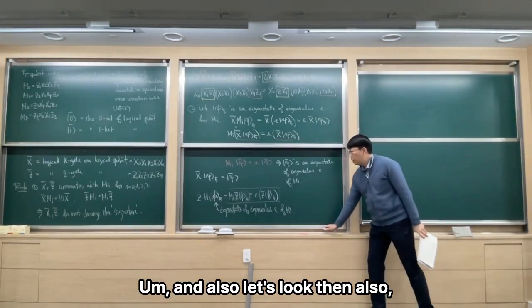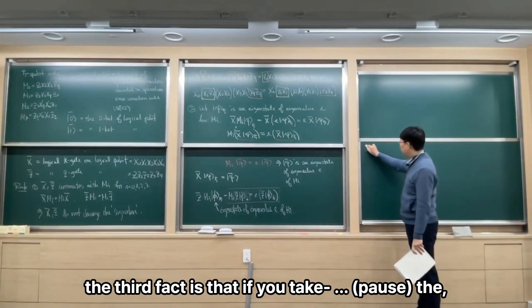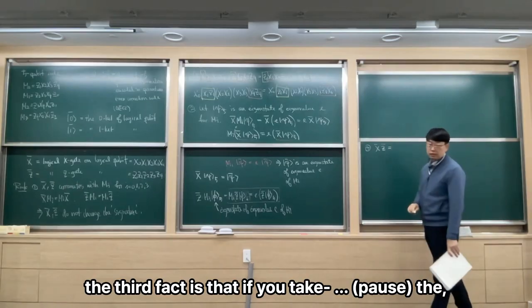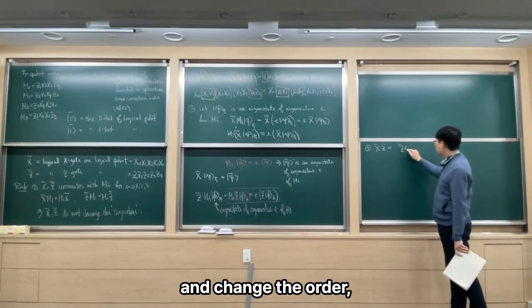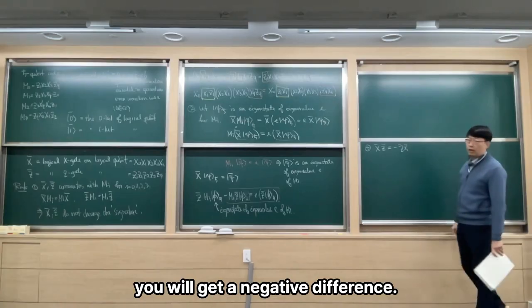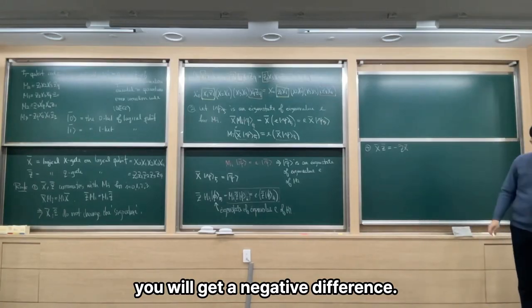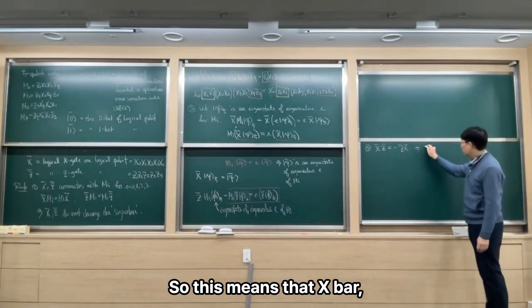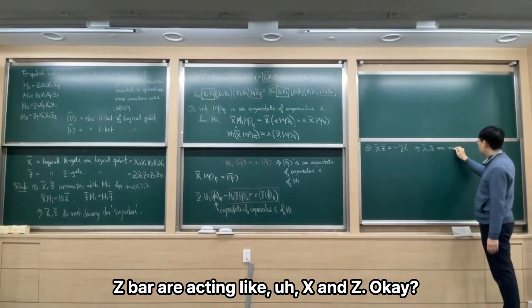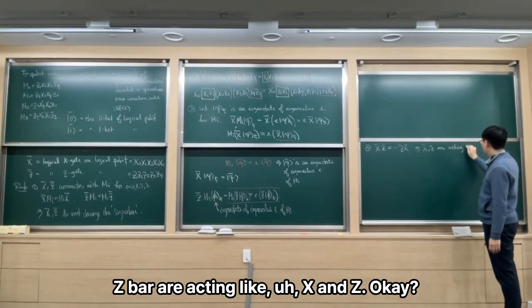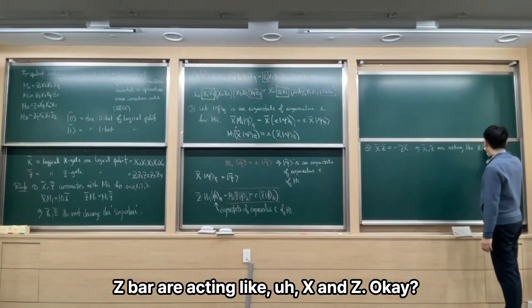And also, the third fact is that if you take x bar and z bar in this order and change the order, you will get a negative difference. So this means that x bar and z bar are acting like x and z. Okay.